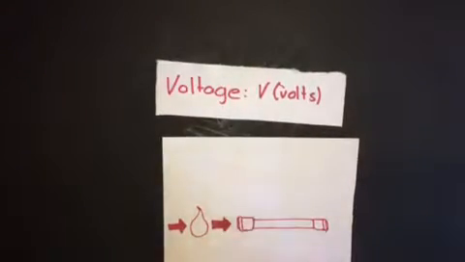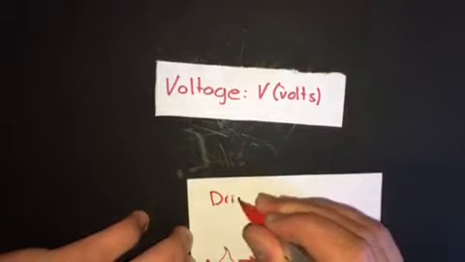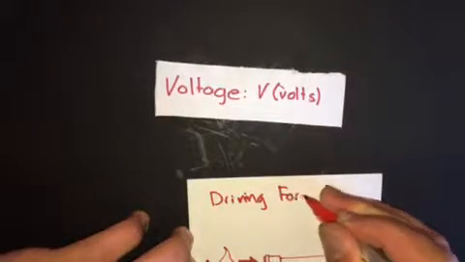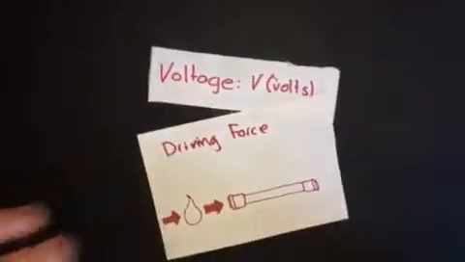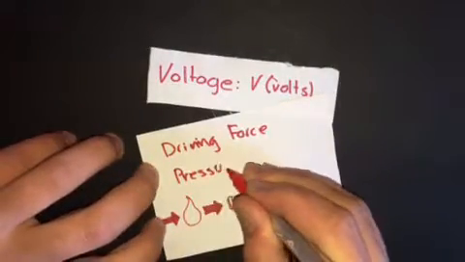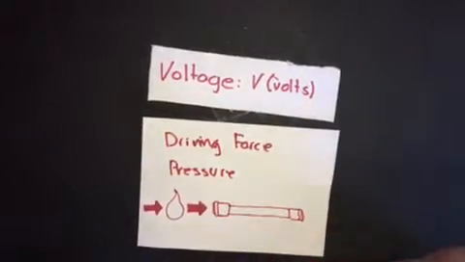So we can think about voltage as the driving force of the electricity through the cable, or the pressure. Of course, this is just an analogy. It's not actually water flowing through a pipe, it's electricity flowing through a cable, but to simplify it, it kind of works like this.